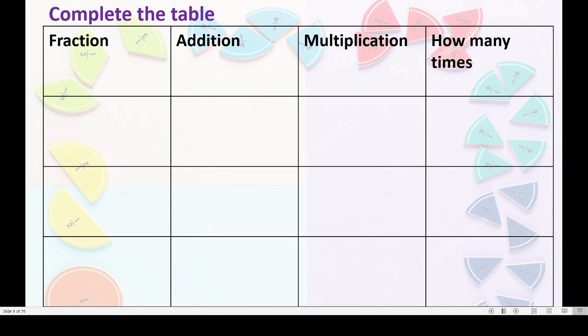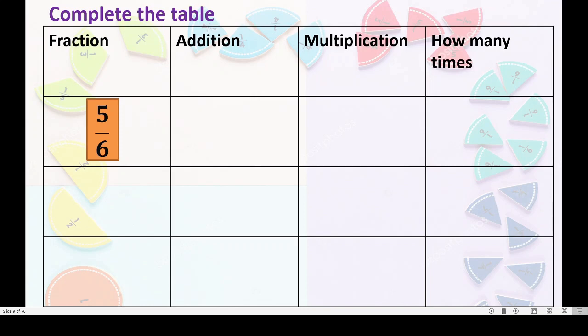See here. Complete the table. The same fractions we have to write in addition form, then multiplication form, then we have to tell how many times we have multiplied. Okay. See the first example, 5 upon 6. You know what to add here and how to add.